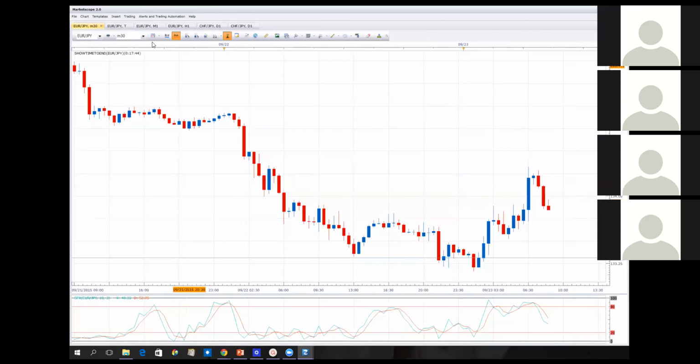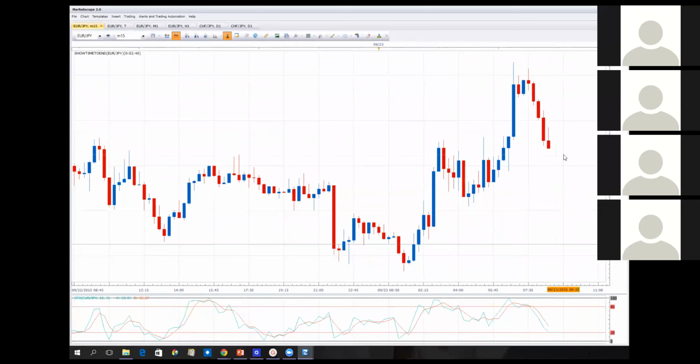Not in 15 minutes. And this is either going to, depending on the news, then I'm at 550 pips to the upside, all the way to around 40 to the upside.